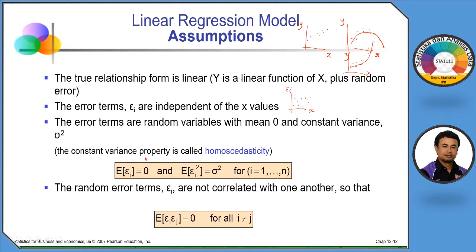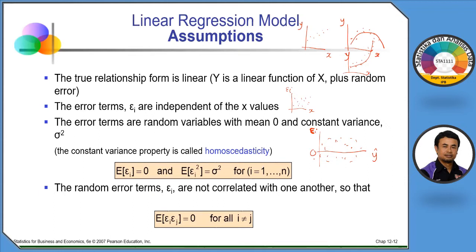Mathematically, we write it down as the expected value of epsilon i must be equal to 0. It means if we plot it using a scatter plot like this, right? Okay, let's say this one is the epsilon i, and let's say whatever here, let's say y hat, for example. This one are scattered around 0 without any pattern.